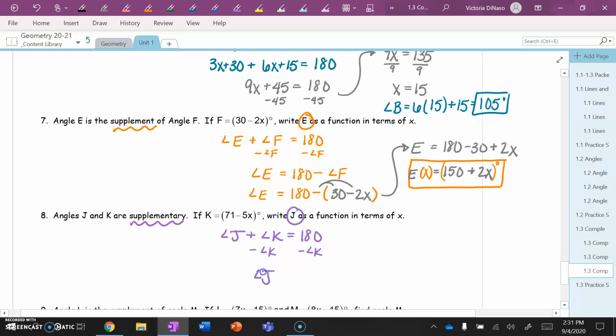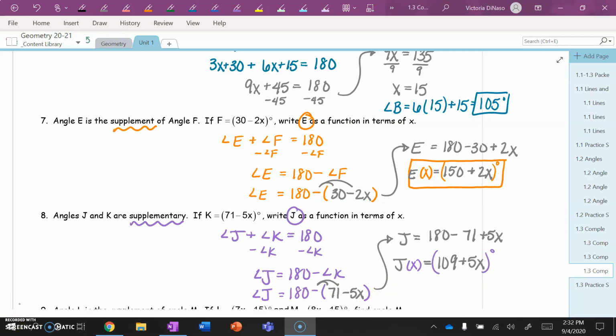So we have angle J equals 180 minus angle K. I'm going to take angle K that we were given and input it into this angle K. Distribute and solve. So we have g of x equals 109 plus 5x, so we left J as a function in terms of x. Box it up, and this is our answer.